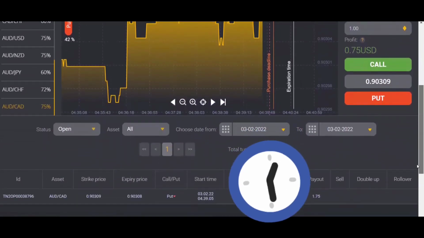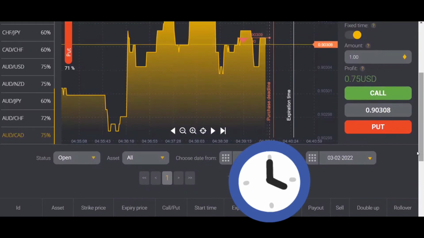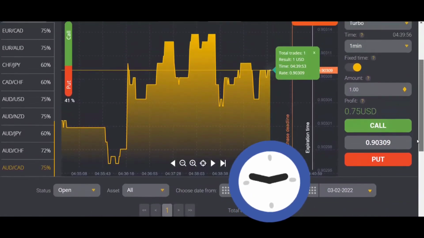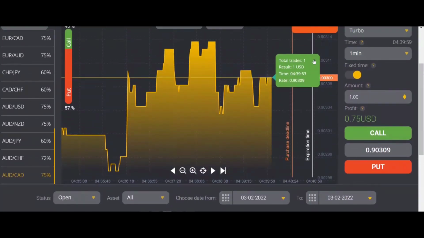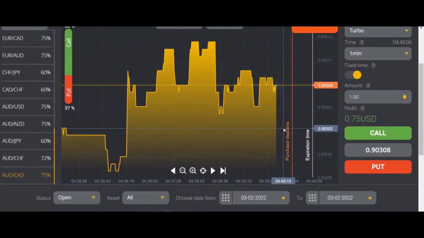So it's not letting me now. It looks like it's going to be a push. A push is when you enter at a given price and it closes at the same price. So you saw I took a dollar position and it gave me $1 back. Again, this wasn't with any real analysis behind it, just to give you an example.